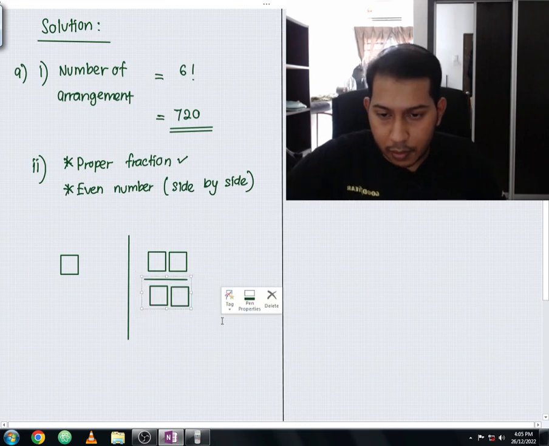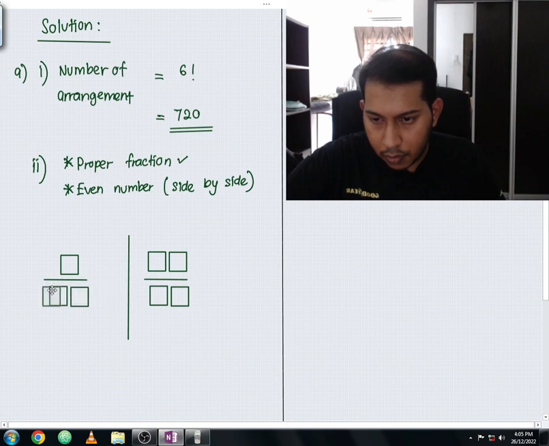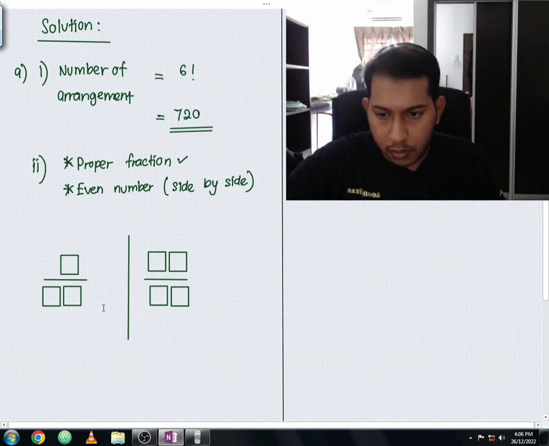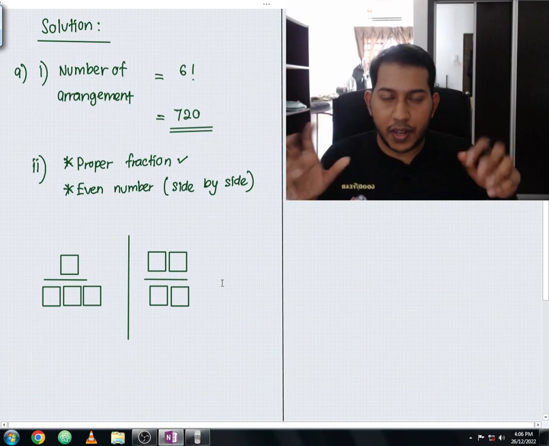Let me just copy this and rearrange. So these are the possible proper fractions that you can form.